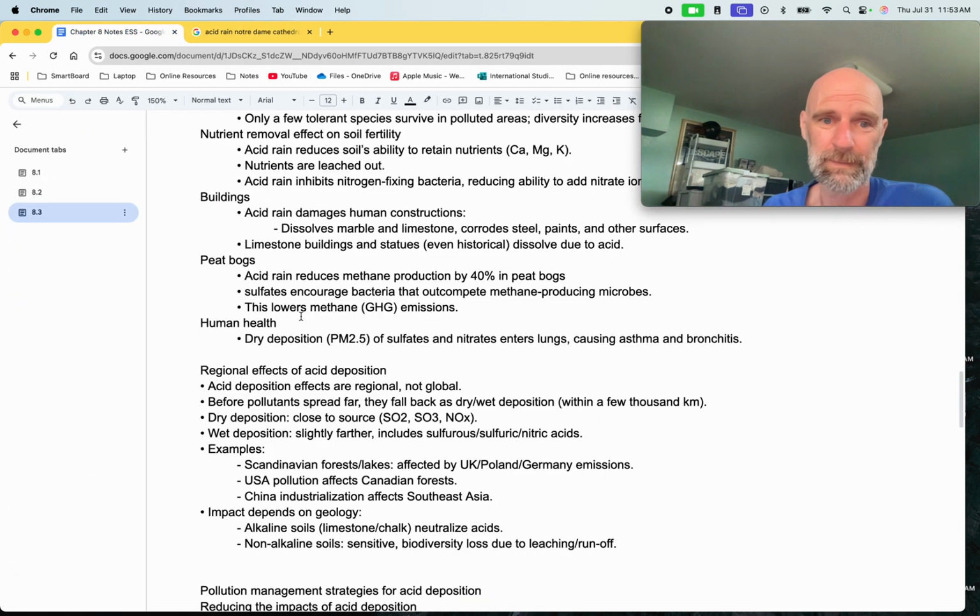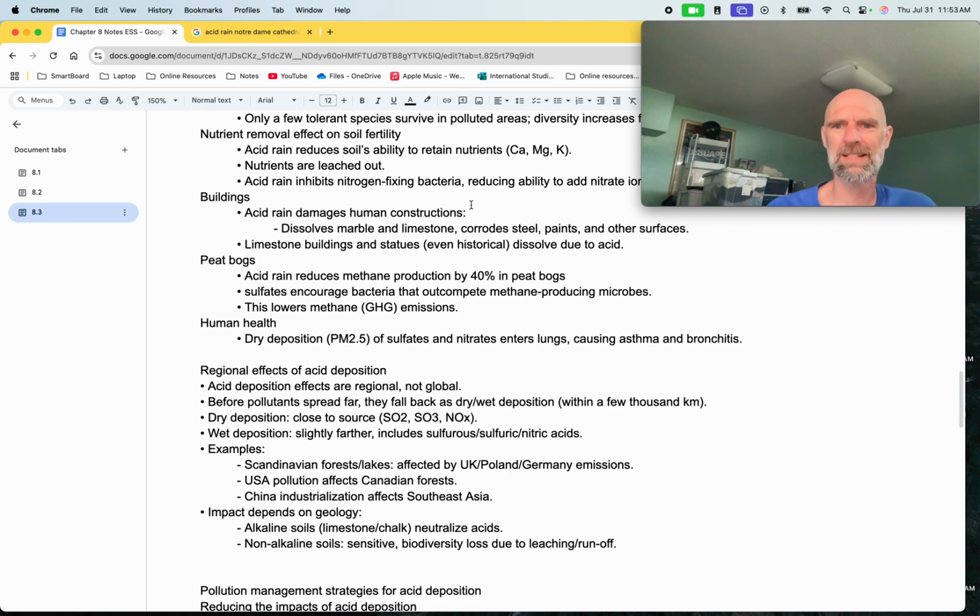So, all right. Acid rain with buildings. Damages human construction. The issue you have is acid rain dissolves marble and limestone. Remember, limestone is made from old shells and sea floor and all that. So when acid hits it, it just breaks it down like you would not believe. Dissolves it like sugar in water.